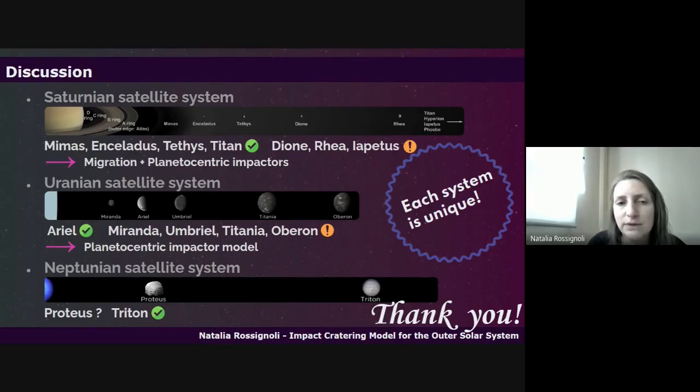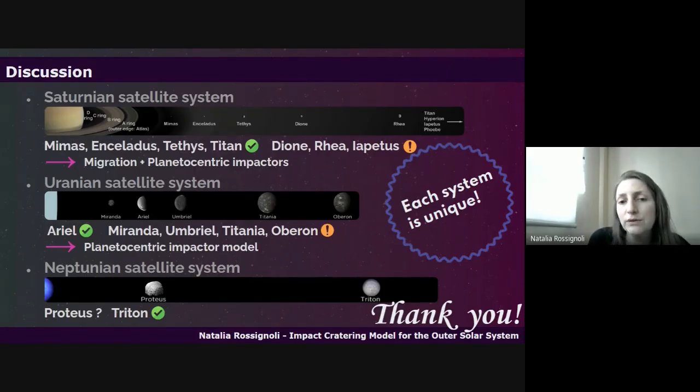But again, without going back to this system with an orbiter that can take better resolution images, it's very difficult to assess the whole evolution of a system from low resolution images.